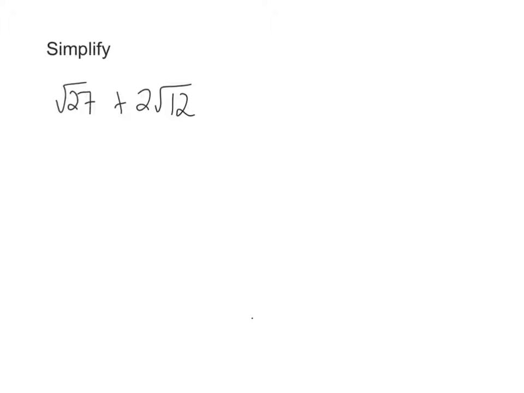Here's another example. Root 27 plus 2 root 12. Which are like radicals? None, right? 27 and 12, they're different. But neither of those is simplified. So we actually have to simplify the radicals first, which is what we were doing yesterday.